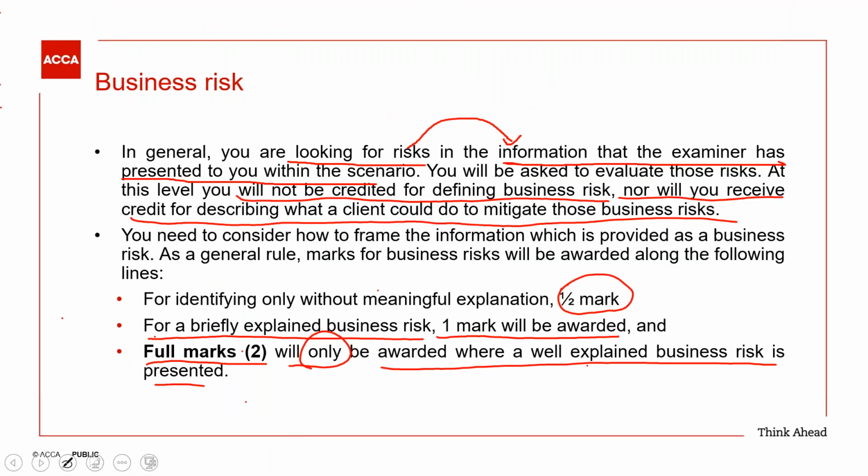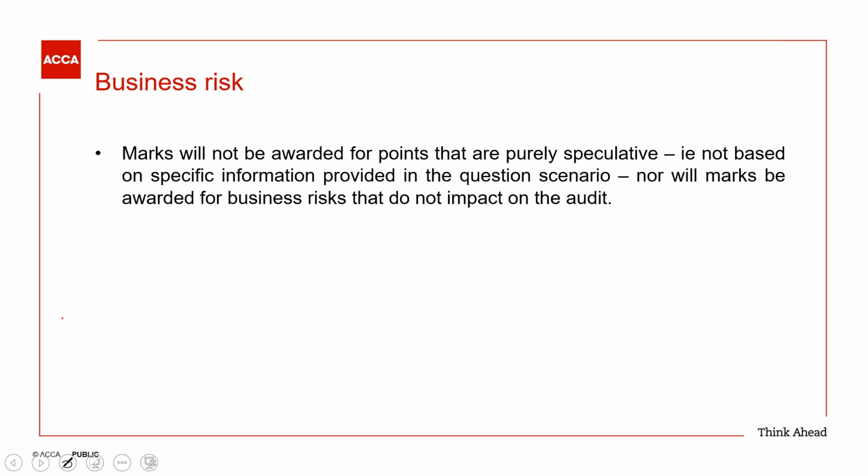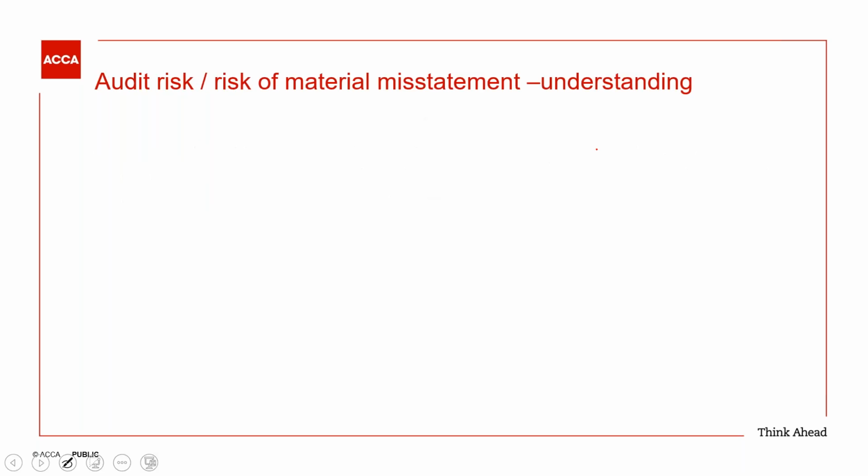Okay, moving on. Business risk marks. Marks will not be awarded for points that are purely speculative, that is, not based on the information provided in the case study, nor will marks be awarded for business risks that do not impact the audit. So you will not be getting any marks on anything which is speculative.